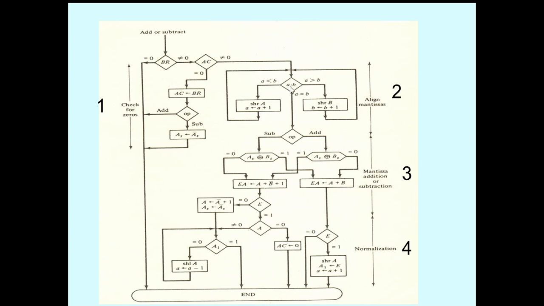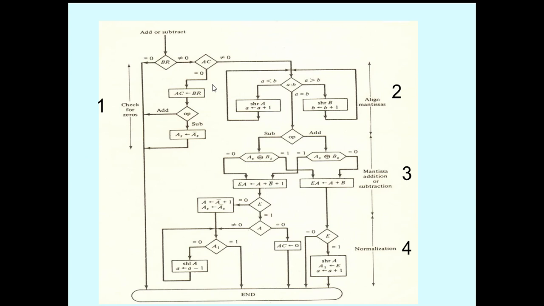Then once again check whether exponents are equal or not. If A is greater than B, we shift right the B register value, and by that shift right operation the exponent of the B register is incremented by 1. Then once again we check whether exponents are equal or not.